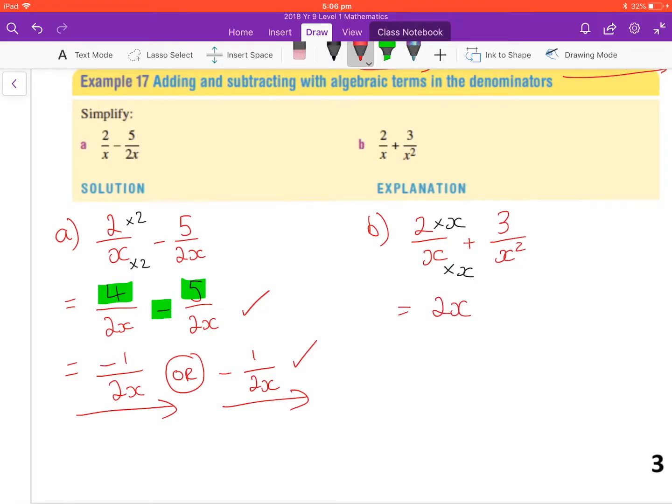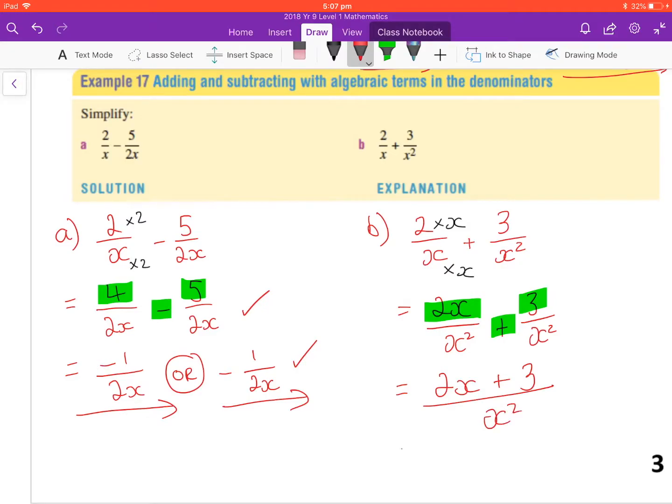So it's 2x over x squared plus 3 over x squared. Now, you probably noticed 2x plus 3 are not like terms at all. So you just write 2x plus 3, all over x squared, and that's as far as you can go. Similarly, it's worth 2 marks.